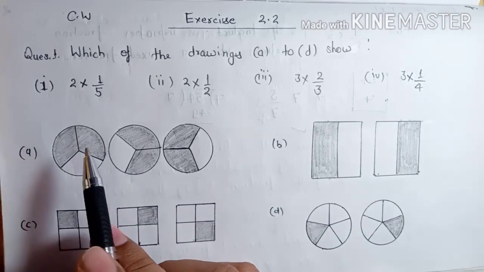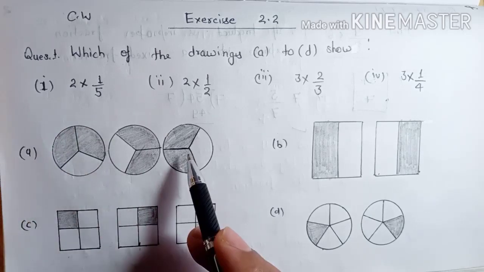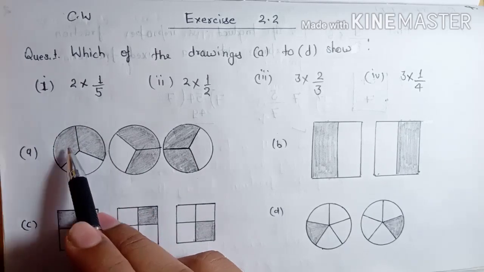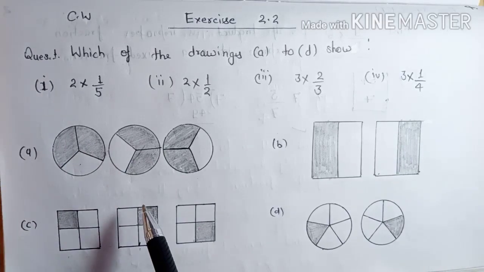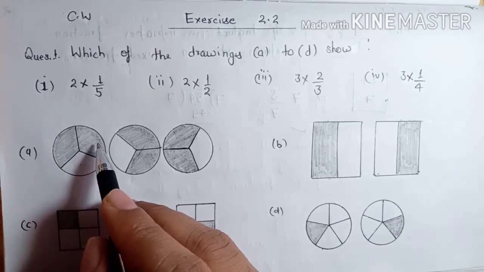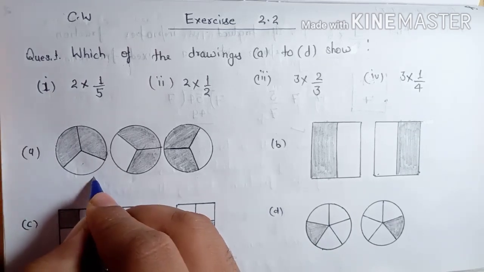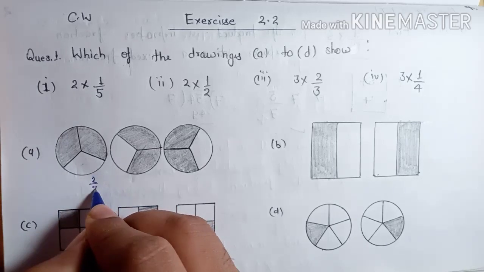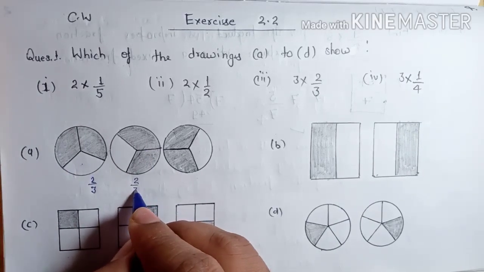So here it is, first part. You can see there are 3 circles, and the circles are divided into equal 3 parts. If you take this shaded portion of the circle, in terms of fractions this is 2 upon 3, because you have taken 2 parts out of a total of 3 parts.